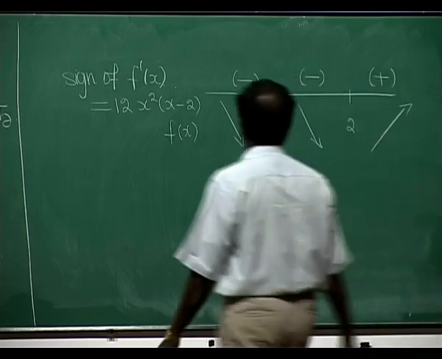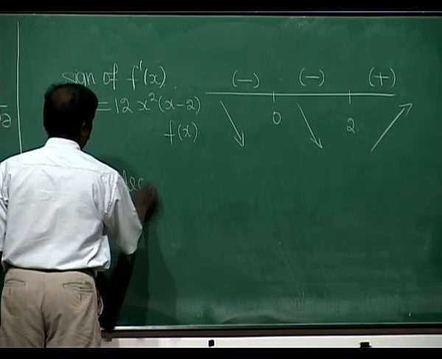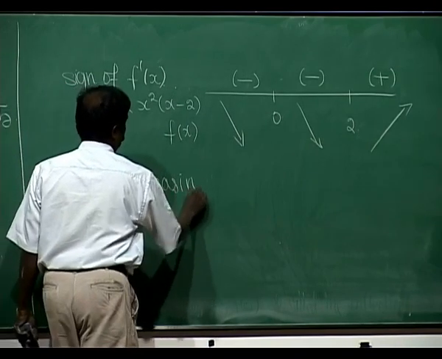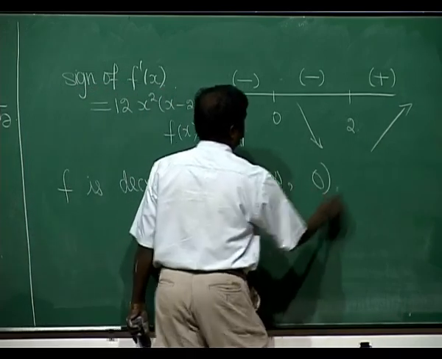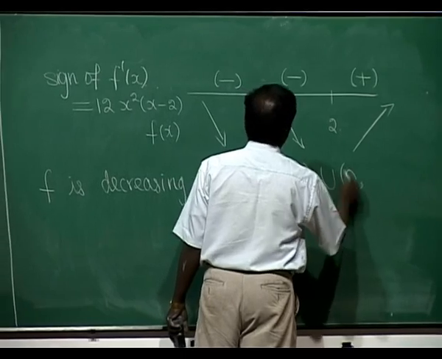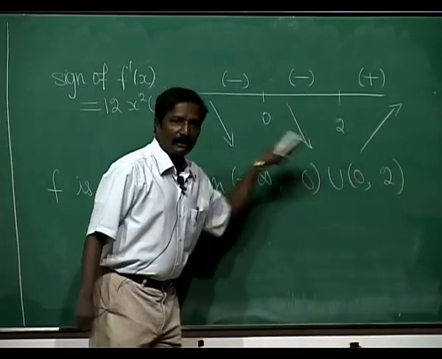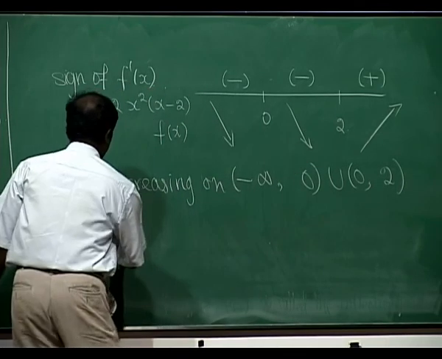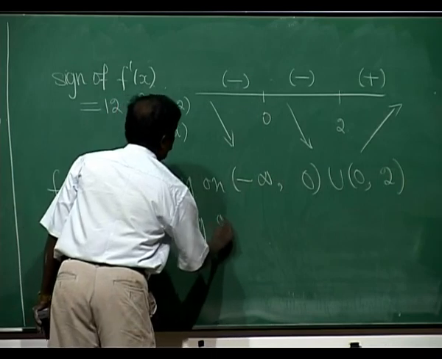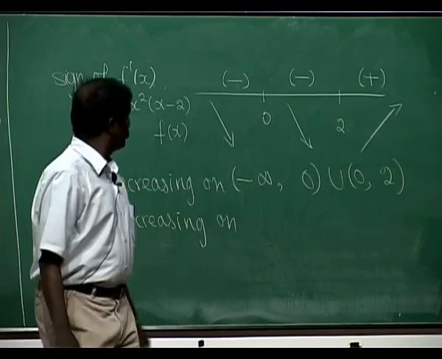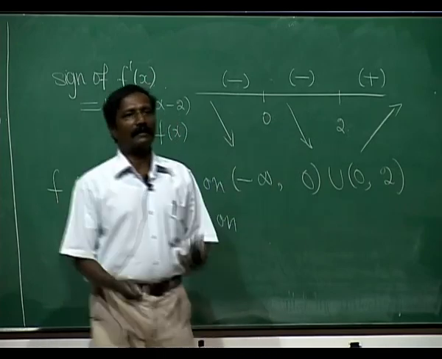Now this implies f is decreasing on minus infinity to 0, union 0 to 2, and we can even say the full thing, and increasing beyond 2. Here you can include the endpoints, nothing wrong with that.